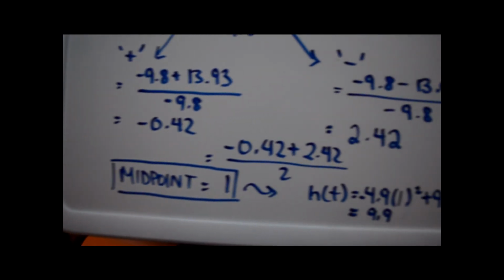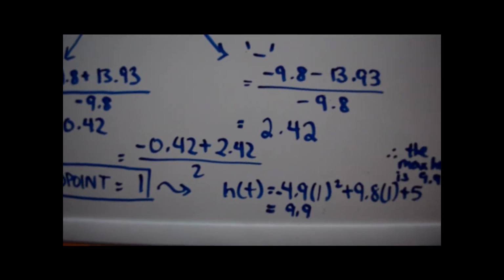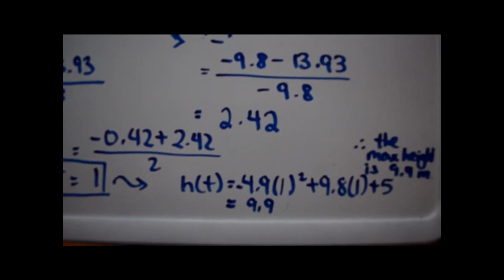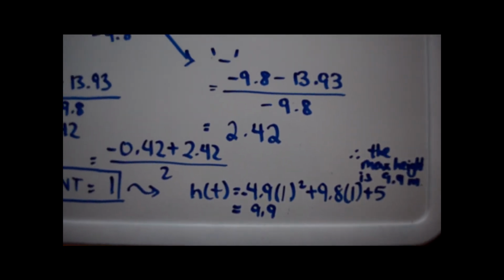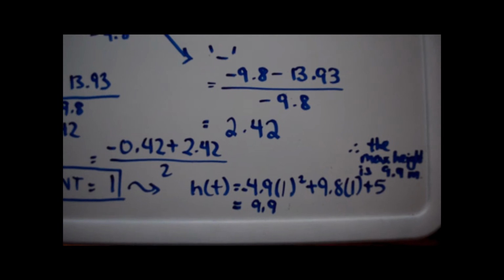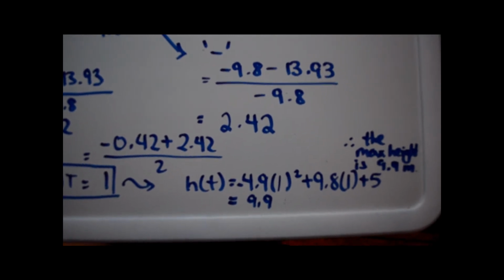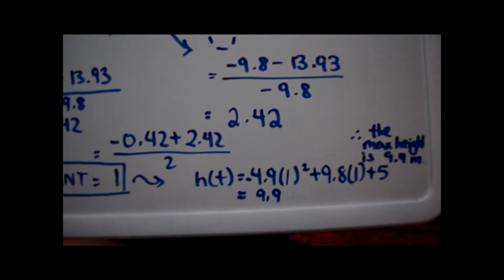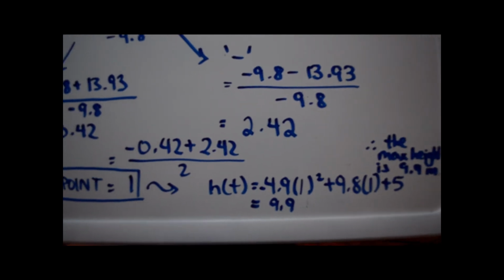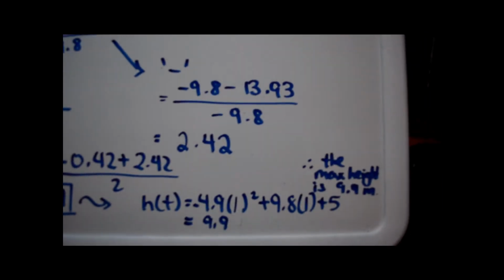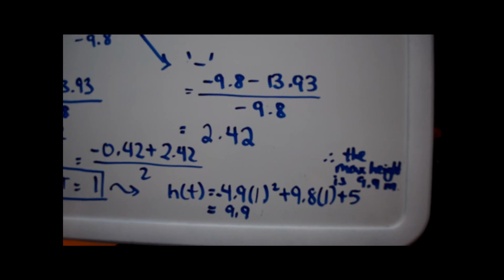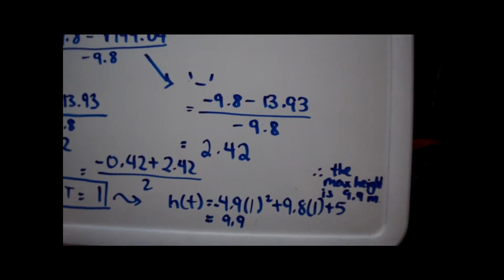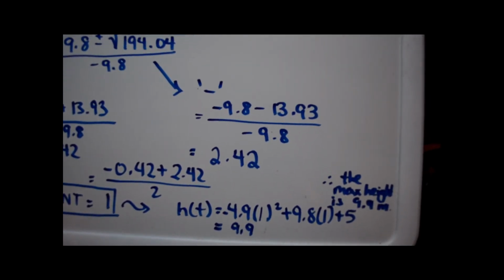Then, when we plug our midpoint value, which is 1, back into our h at t equation, we get negative 4.9 times 1 squared plus 9.8 times 1 plus 5, which gives us 9.9. So the max height is 9.9 meters, which is coincidentally the exact same as part A.